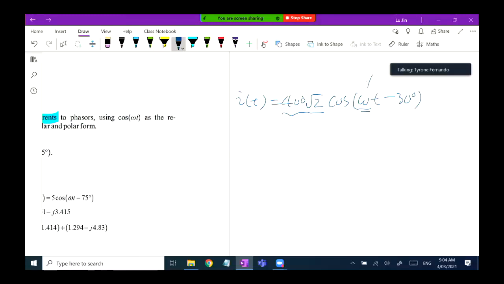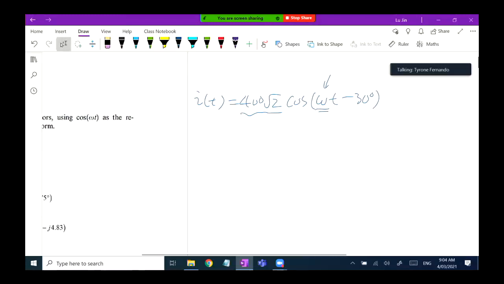Omega is equal to 2 pi f, where f is the regular frequency in hertz. What is the unit for angular frequency? That unit is radians per second. 2 different things. Finally, this negative 30 degrees is the phase angle for this AC current.